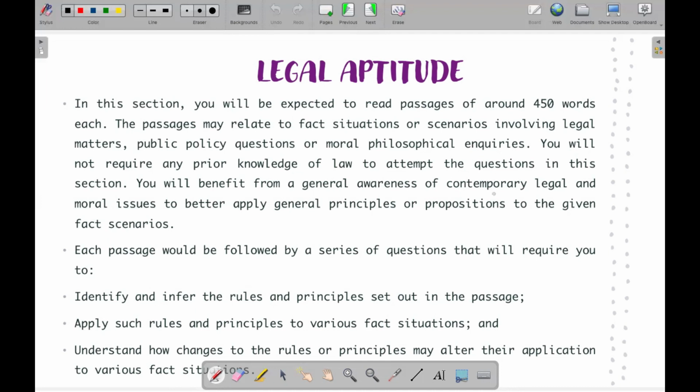Sometimes they might mention some landmark judgment, and they will talk about what the judges said, what was the position of law before that, what is the position after the judgment, and accordingly answer the questions. Okay, but still most of the times it boils down to finding the legal principle from this passage and applying it to the factual situation and coming up with the best possible answer.